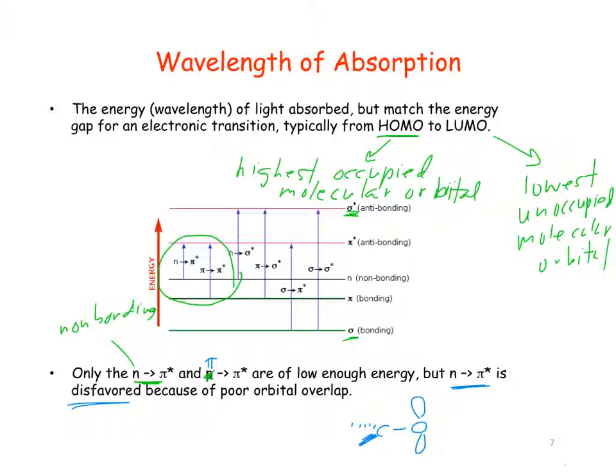So the pi star, remember, is going to be one where the two p orbitals are aligned with opposite phases. So they would be like this. So there's actually a node between those two, right?